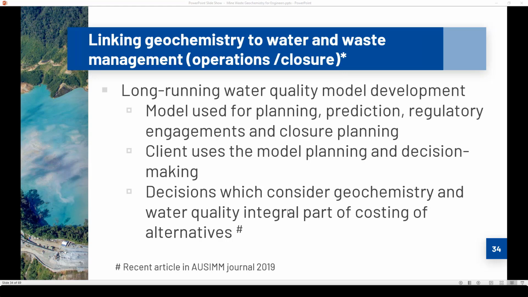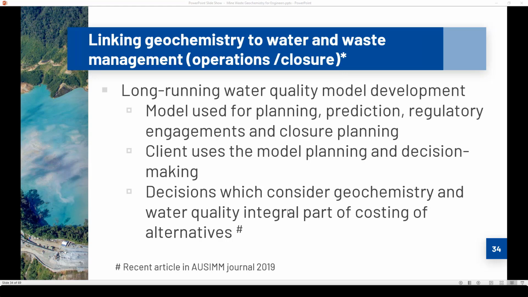And the client uses this particular hydrogeochemical or water quality prediction model as part of their decision making. So this forms part of both their mine planning process as well as their financial planning process for both operations and closure.